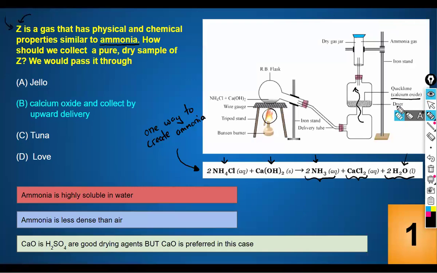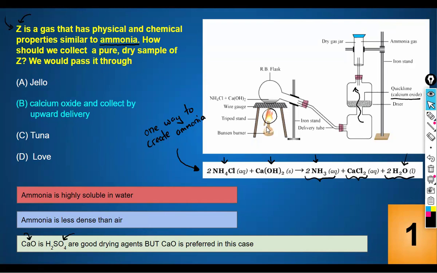One way is calcium oxide, or did you all notice sulfuric acid as well can also be used to dry out things, mainly gases. I'm sure you all have seen that somewhere in some experiment at some point in your CXC career.